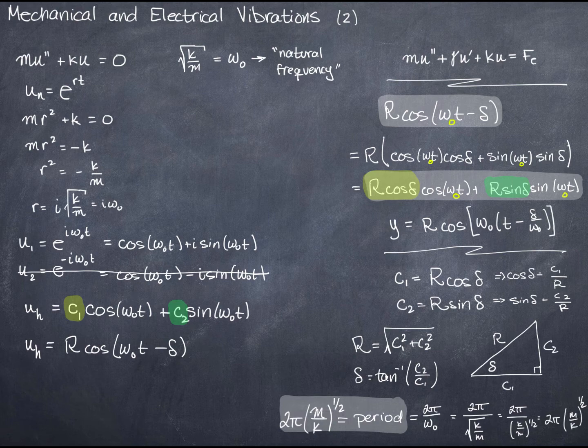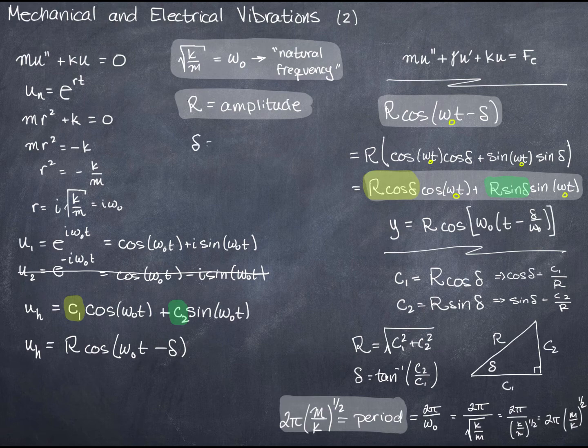We have discussed natural frequency, which we say is omega naught, but that stands for something else as well. I did not write this down anywhere, so I'll do that now. R is the amplitude, and delta is what we call the phase.